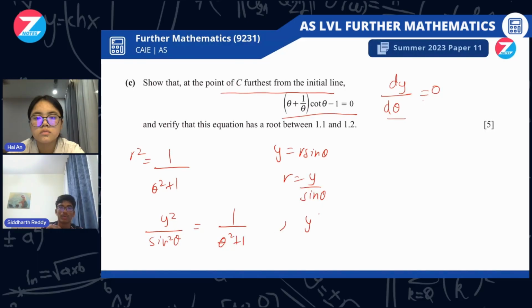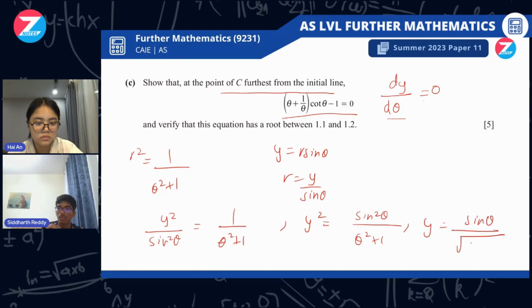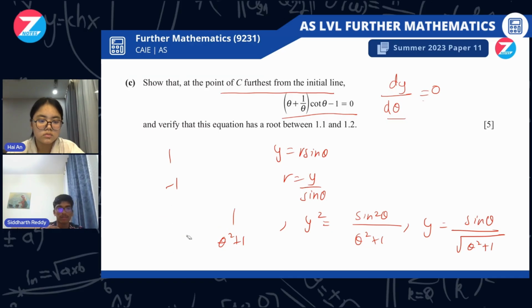So y square is equal to sine square theta by theta square plus 1, and y is equal to sine theta by root of theta square plus 1. So that's what we have now. So let's find dy by d theta.